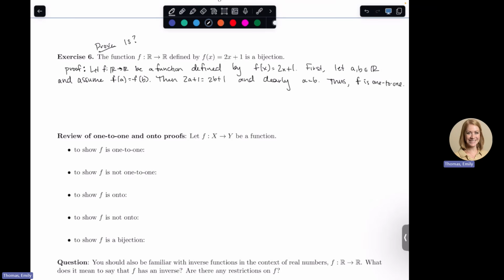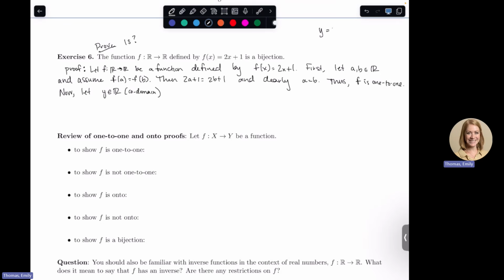Okay, f is 1 to 1. Then we're going to show it is onto. Now we are going to let y be an element in the codomain.